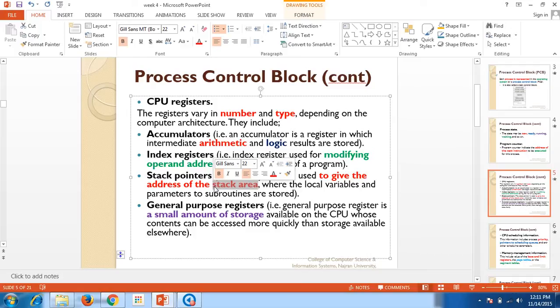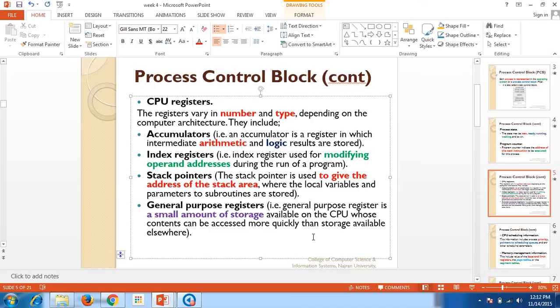So here in the process control block, the stack pointer is used to give the address of the stack area. What is the address of the stack where the local variables and parameters to subroutines are stored? Who will be responsible for that? That is the stack pointer.